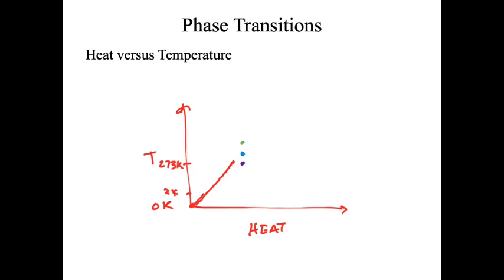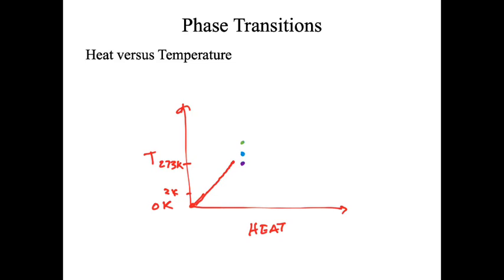So the instant I hit 0 degrees Celsius, what happens to my ice? It naturally melts all at one time. Okay. And this is where we have to be careful with our words. As soon as we hit 0 degrees Celsius, what happens to the ice? All of it becomes a liquid. Is that true? No. What happens? Some of it becomes a liquid.